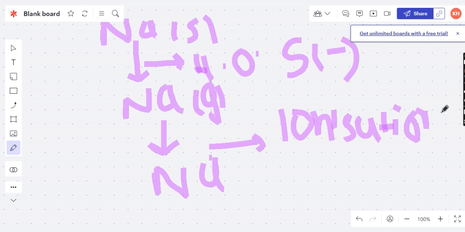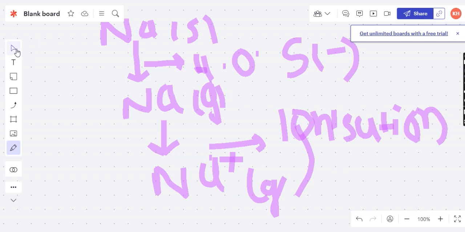Ionization energy is given to it, and now it is a sodium ion in gaseous state. First the heat of sublimation is given to solid sodium, then ionization energy gives the sodium cation.